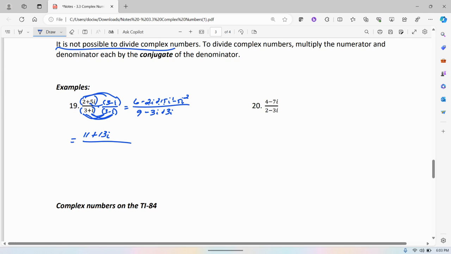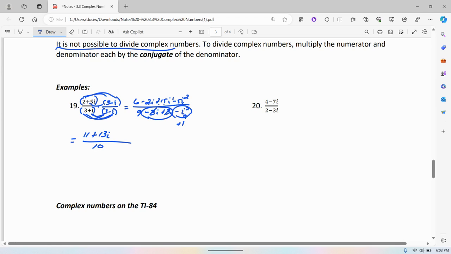Then i times negative i is a negative i squared. Well, notice negative 3i plus 3i, those are going to cancel. i squared is negative 1. So a negative i squared is a positive 1. 9 plus 1 is 10.